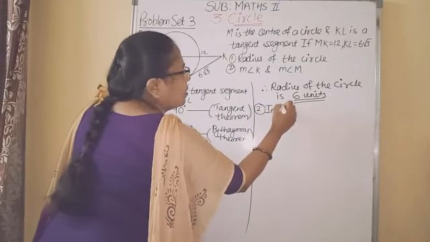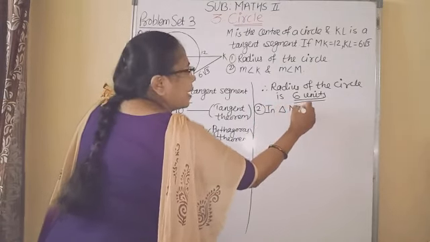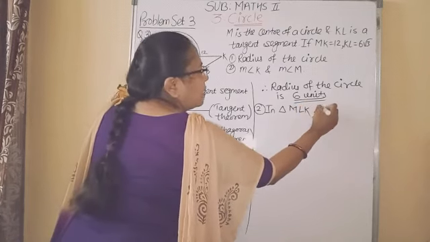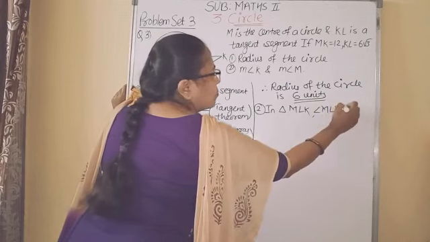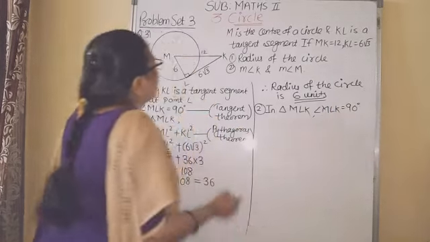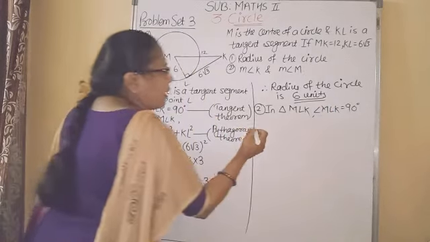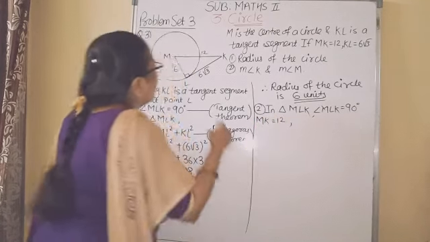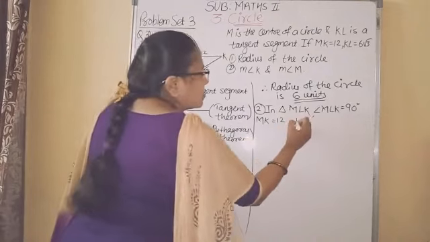In triangle MLK, angle MLK is equal to 90 degree, MK equal to 12 and ML equal to 6.